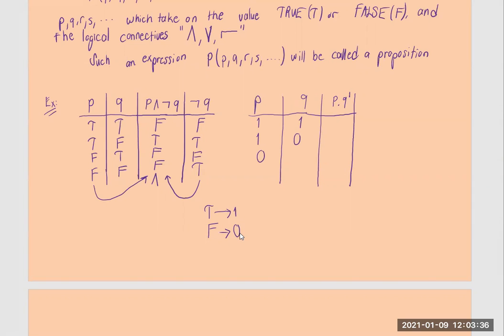So according to that, it changes to 1, 1, 1, 0, 0, 1, 0, 0. We will use again not Q. For not Q, 1 becomes 0.